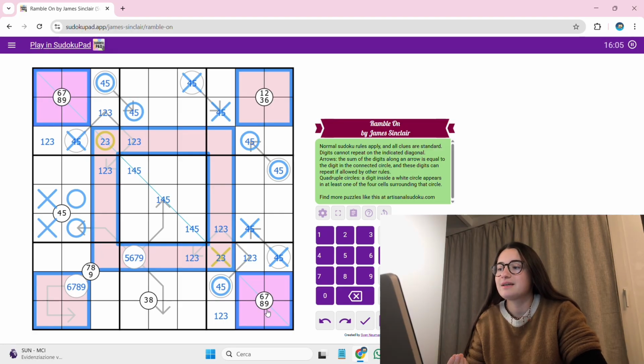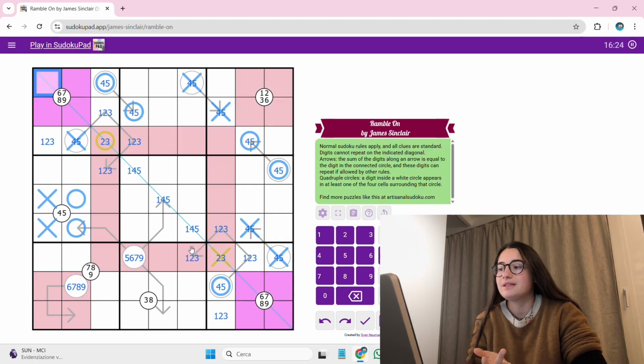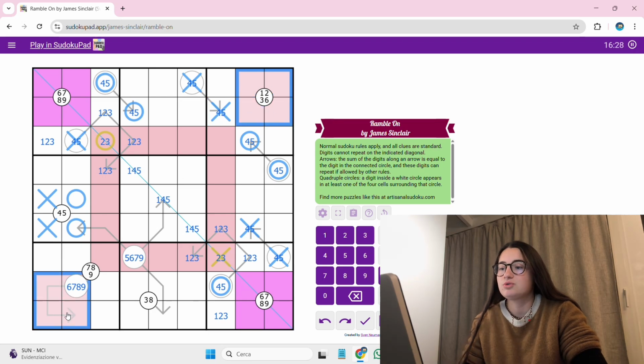Now, the 6, 7, 8, and 9 are taken. We definitely know that we have at least 2 of each of them in the ring. But since we have 1, 2, 3 here, 1, 2, 3 here, we need 2 1s, 2 2s, and 2 3s. But in these 2 squares, we can't have it. We must have it in this square and in this square.